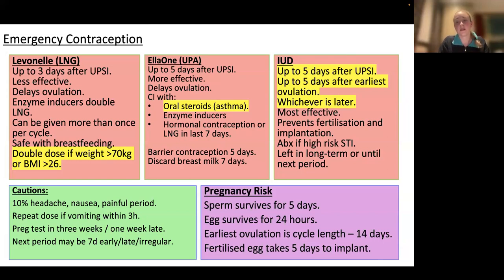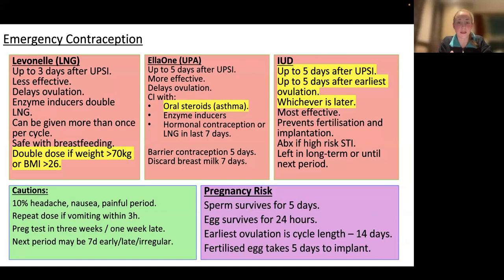So you would want to mark when their ovulation was. Then work out when they've had unprotected sexual intercourse and whether they're at risk of pregnancy: if they've had unprotected sexual intercourse within the last 5 days, or they've ovulated within the last 5 days and had unprotected sexual intercourse, then you would want to give emergency contraception.